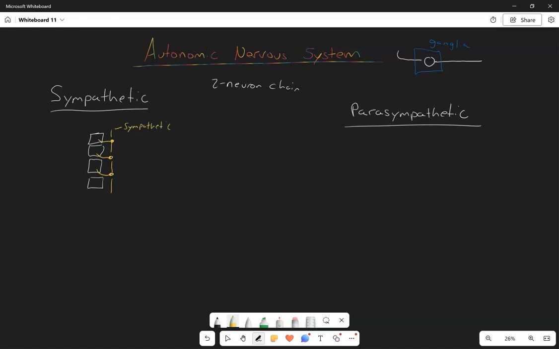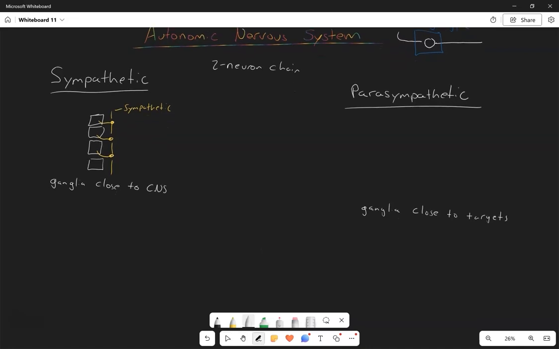Notice that the ganglia, because that's what these are here, are very close to the central nervous system. Now, in the parasympathetic division, those ganglia are close to the target organs. So I'm going to put ganglia close to CNS, or the central nervous system, and over here, ganglia close to targets. So that's one difference, where the ganglia are located.